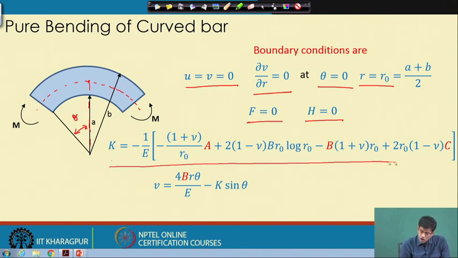So now if we write v, only k will be non-zero. So v looks of this form.